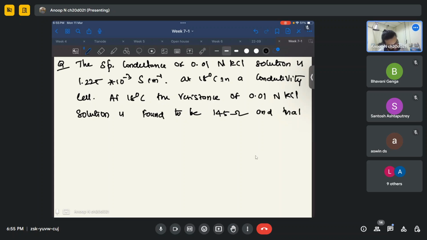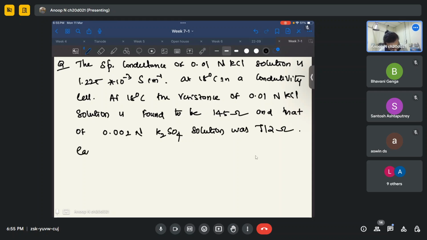and that of 0.002 normal K2SO4 solution was 712 ohm.